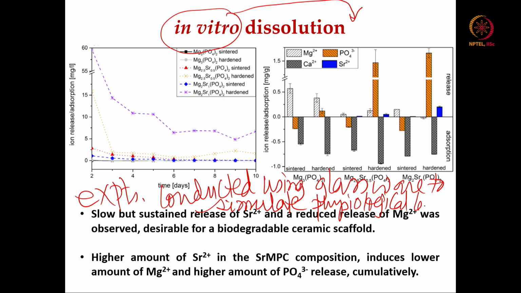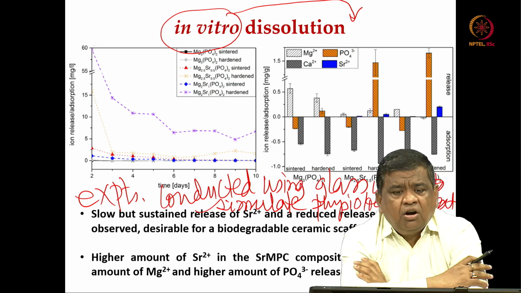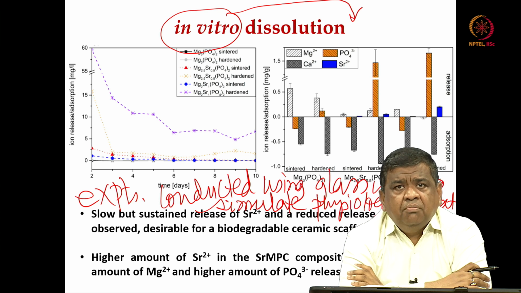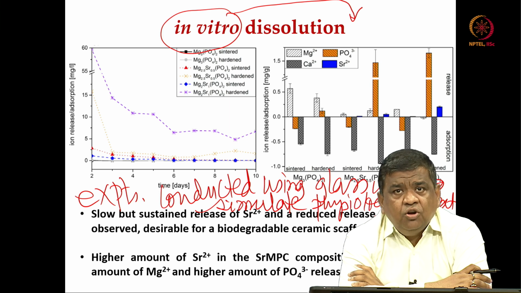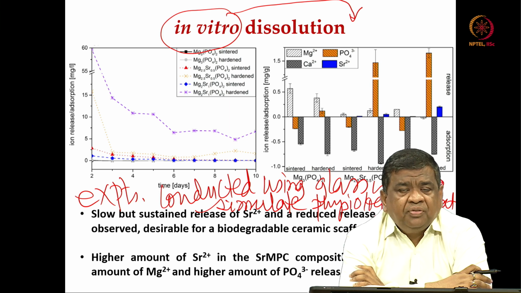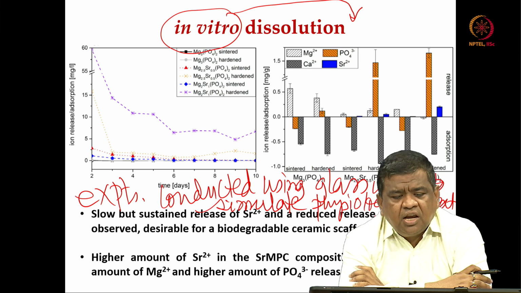What is the physiological context? That means the body temperature is 37 degrees Celsius, pH is 7.4, and also phosphorus and the kind of salt concentration and other concentrations which are maintained in a typical physiological body fluid. Those conditions were maintained, and these binder jet 3D printed and then sintered, or binder jet 3D printed and chemically hardened, materials were dissolved.